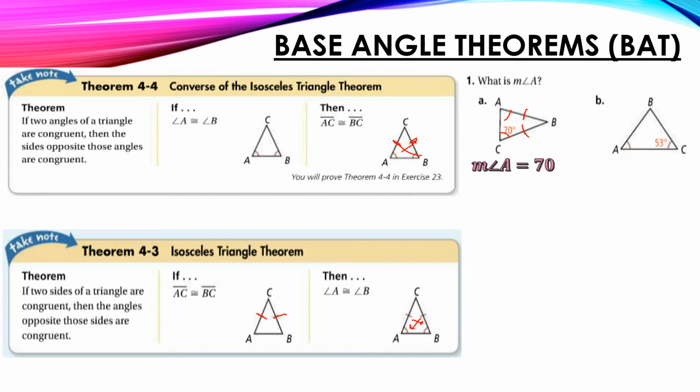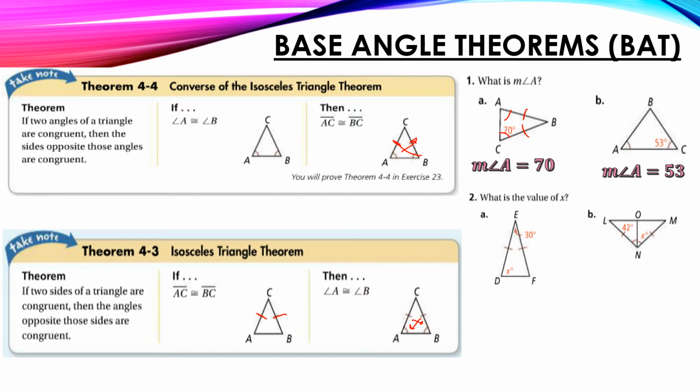If A is congruent to C, which they are, then the sides across from them are also congruent. And because of that, we can say that the measure of angle A is 53. You also don't really need this info here because it already told us that those two angles are congruent, so we can automatically assume that if angle C is 53, angle A is also 53.